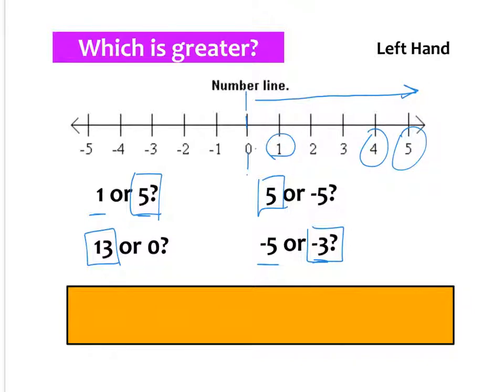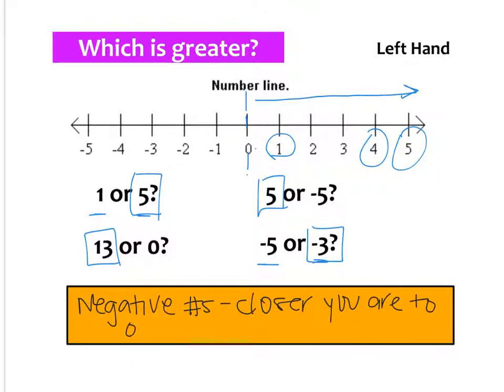So in terms of negative numbers, and I want you to write this in your journal, with negative numbers, the closer you are to 0, the greater, okay? Going back to -5 and -3, -3 is right here, and -5 is farther away. So the closer you get to 0, the bigger you are.